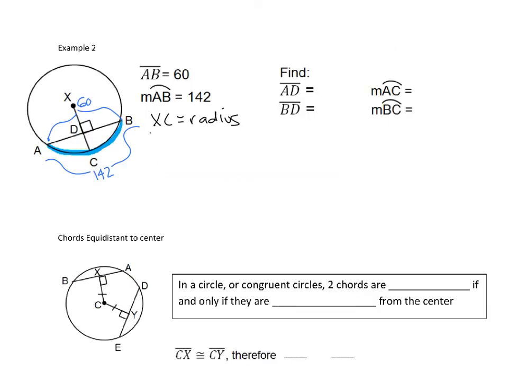All right, so now let's look at an example here. We are given that chord AB is 60. And we're also told that the measurement of arc AB is 142. We can also clearly see that we have a radius. XC is the radius for this circle because it goes through the center to the circumference.